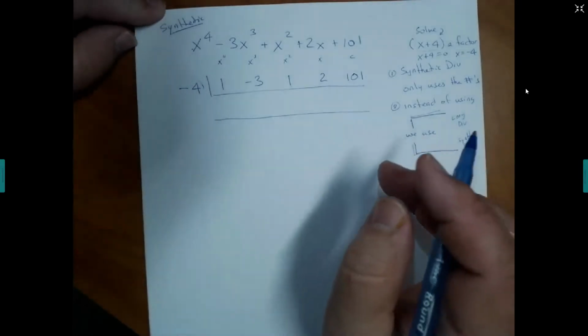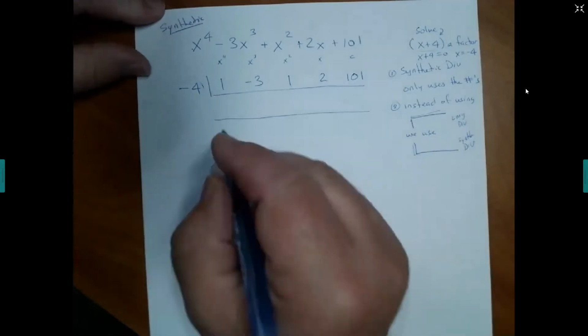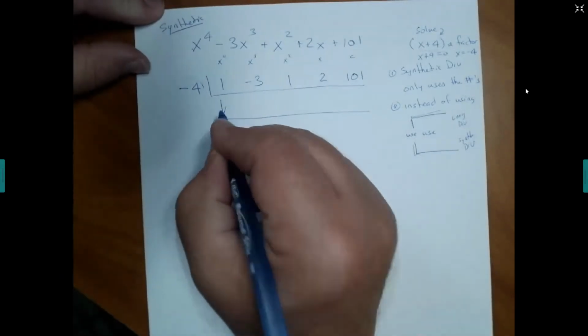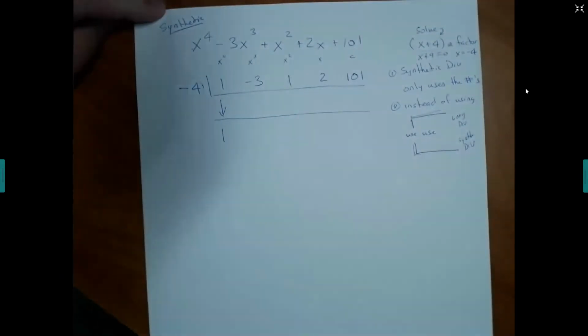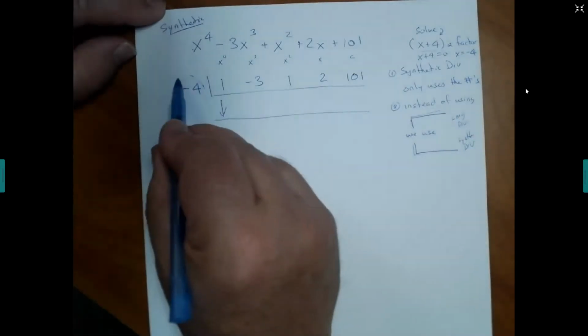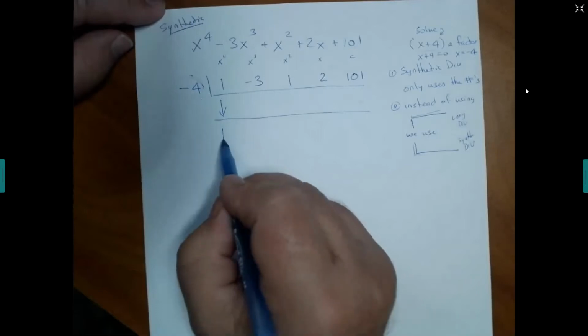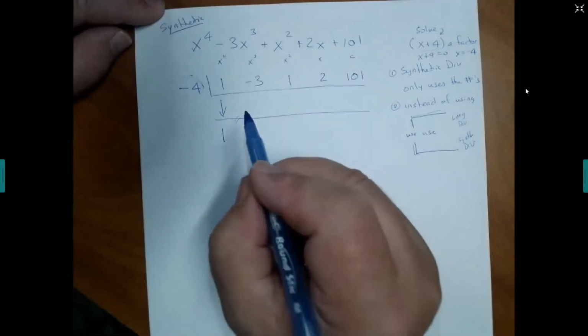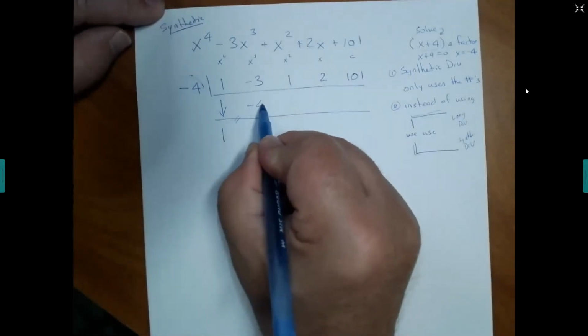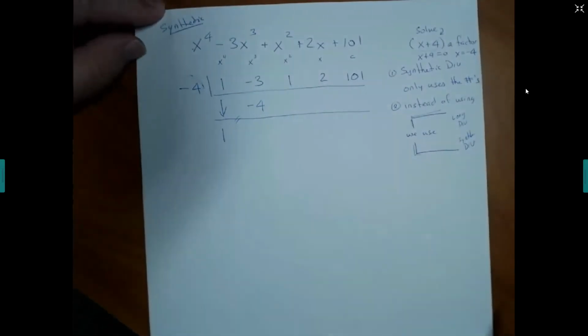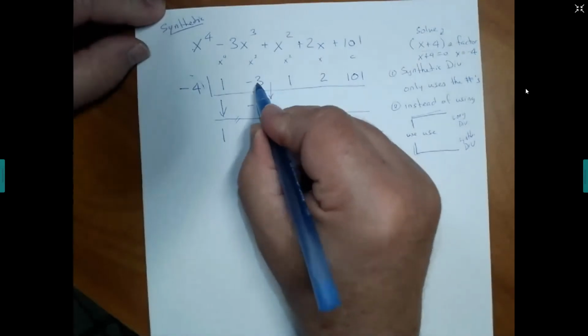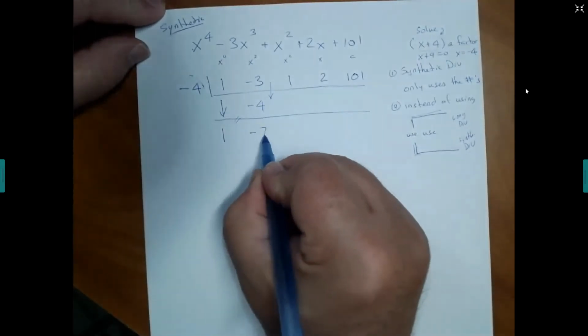All this is going to involve is multiplication and addition. So always bring the first term down. Multiply -4 times 1 and put it there. -4 times 1 is -4. Add -3, -4 is -7.